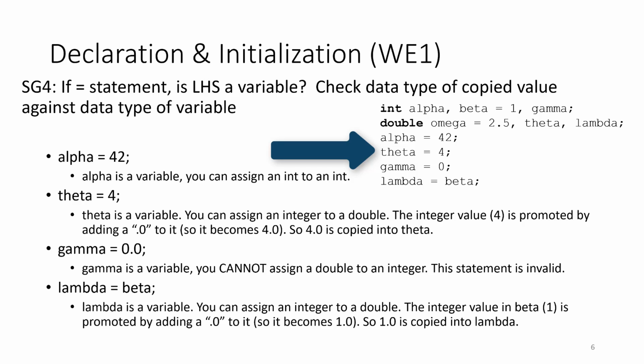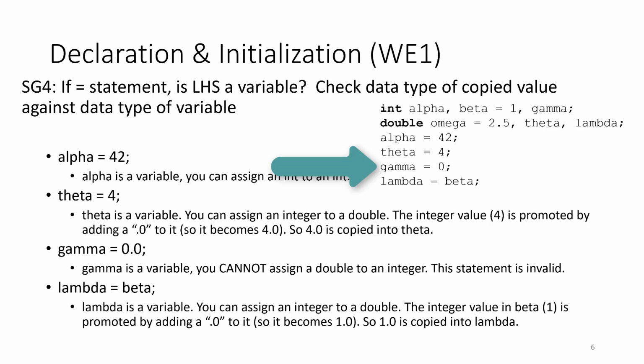Theta is a variable and is declared of type double. We already noted that 4 was an integer. You can assign an integer to a double. The integer value 4 is promoted by adding a 0.0 to it so that it becomes 4.0, and the value 4.0 is copied into the variable theta.